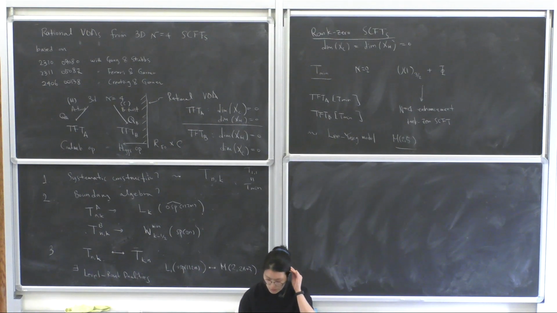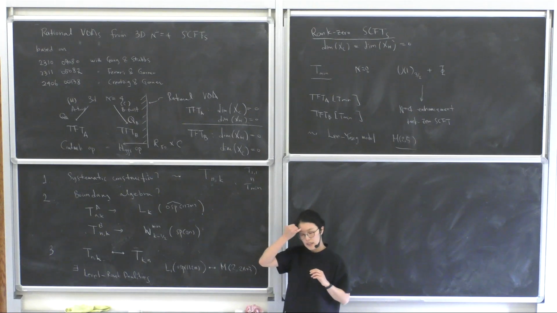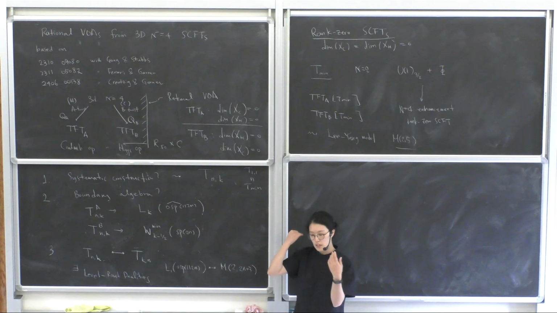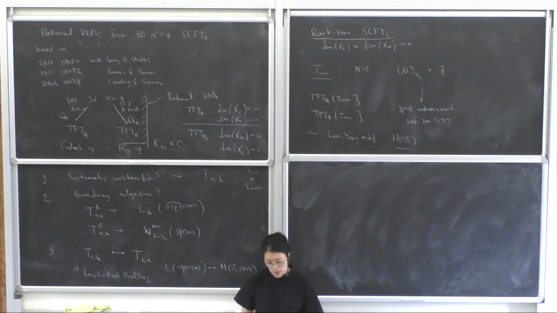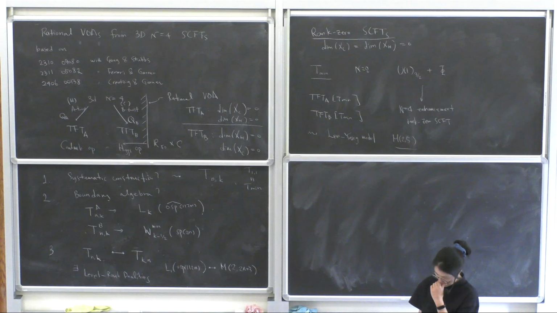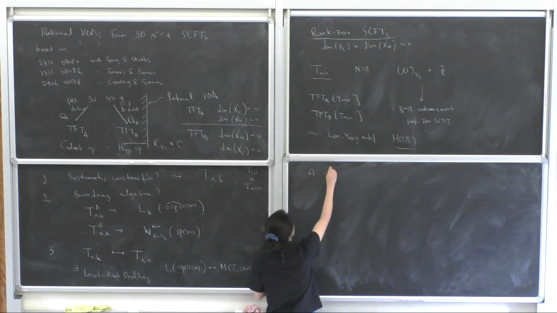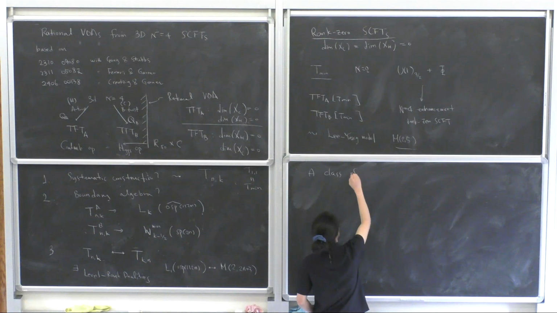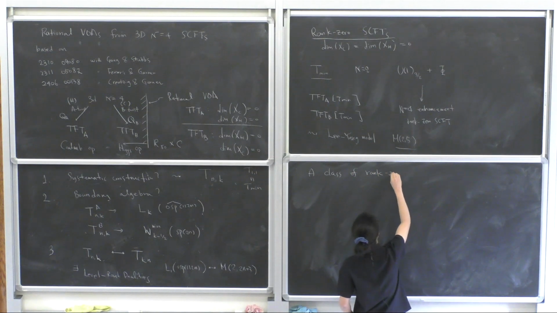So I will first present the description for this theory, T_N of K, and then I will tell you where that came from. Class of rank zero theories.